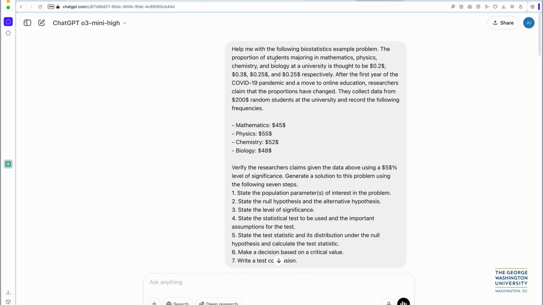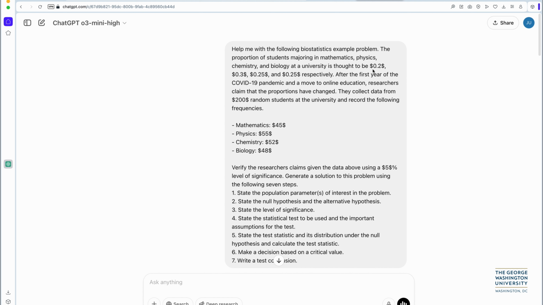So I have typed the following. This bit is me copying and pasting the problem, but I've prepended it by saying, help me with the following biostatistics example problem. You will notice when I put anything that's remotely mathematical, I put dollar symbols around it, no spaces. That's LaTeX, specific mathematical notation.